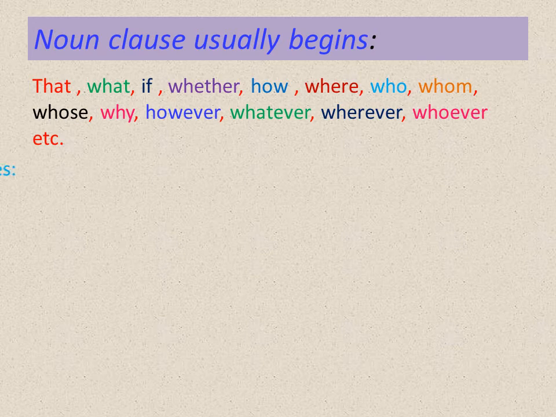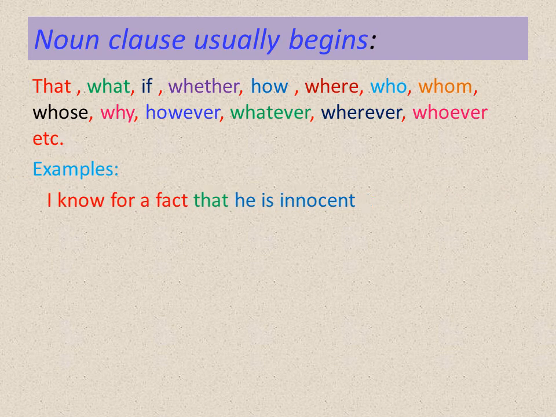Let us see an example. I know for a fact that he is innocent. In this sentence, "I know" is a main clause because it is giving complete meaning. "That he is innocent" is a subordinate clause.